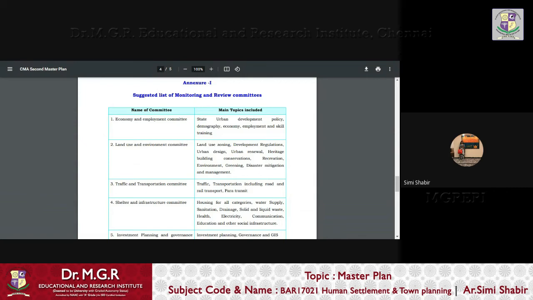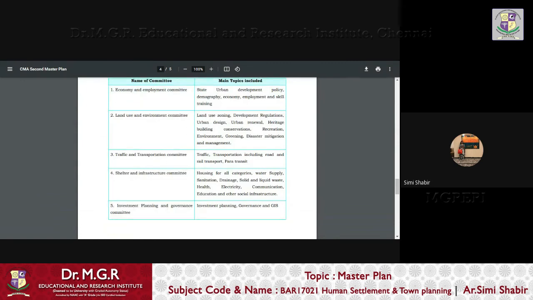The Land Use and Environment Committee would review the land use zoning, development regulations, urban design, urban renewal, heritage building conservation, recreation, environment, greening, disaster mitigation and management.